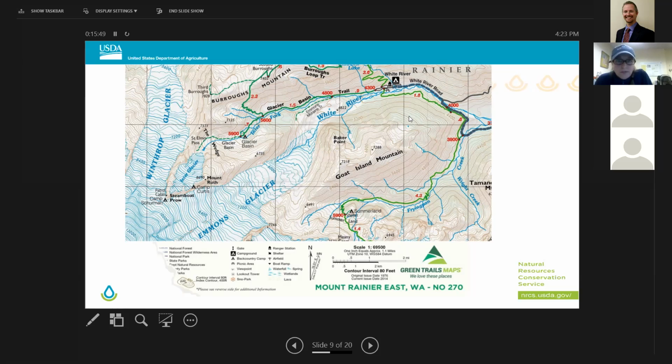Yep, so there's White River, there's Wright Creek, there's another creek. What else do you notice on this map? Do we have brown contour lines? What are the black dots? What are the black text numbers and dots? There's a scale. Yep.